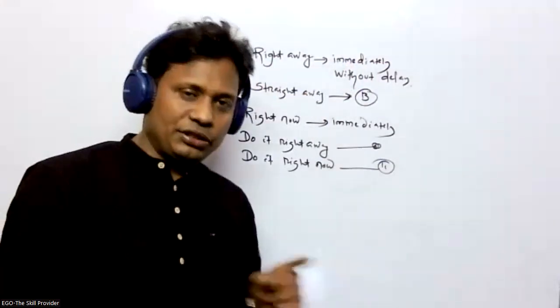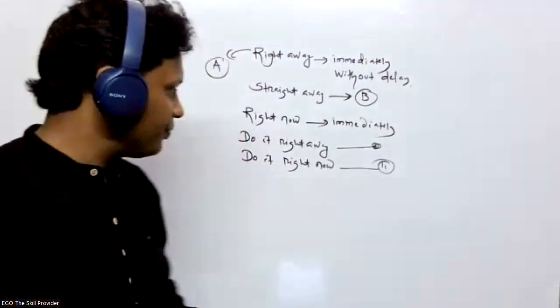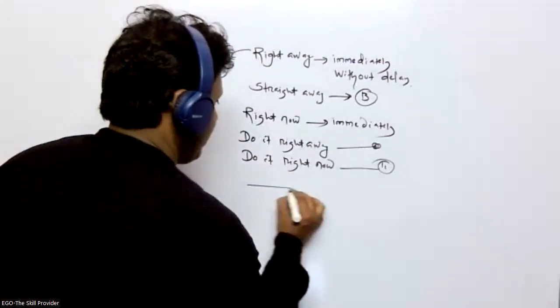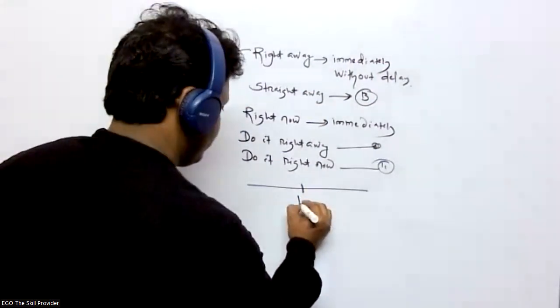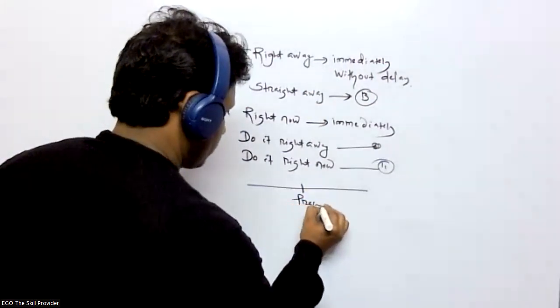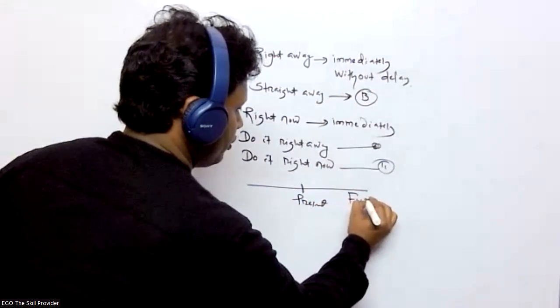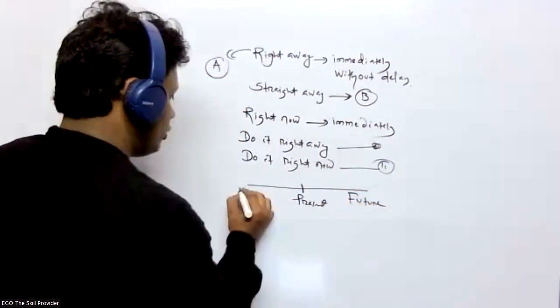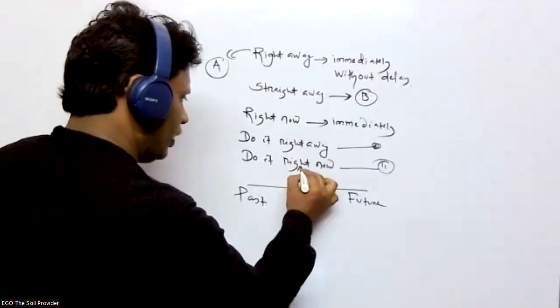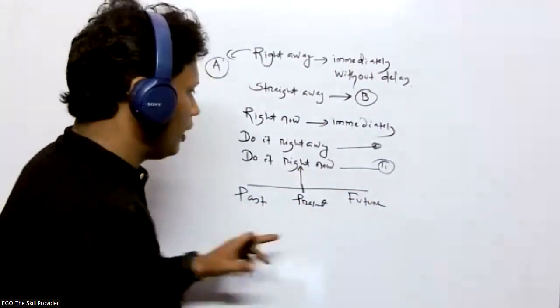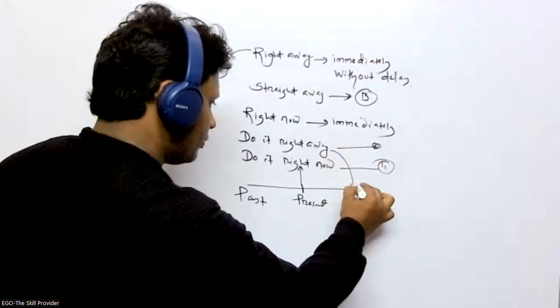Look, you are smart, okay, ma'am. Whenever I say right now, this is called present, this is called future, and this is called past. Right now is used only in the present tense. But right away can be used for present, past or future time.